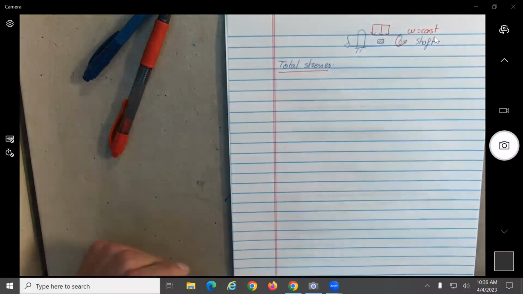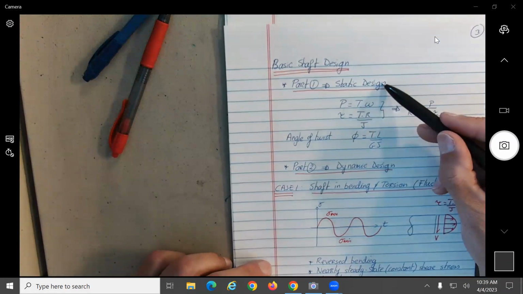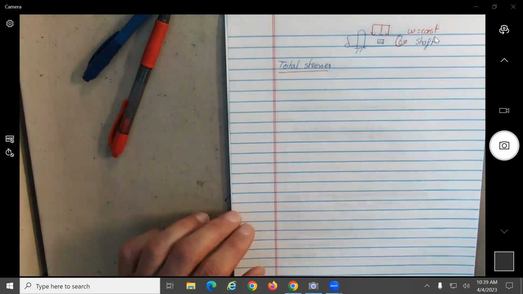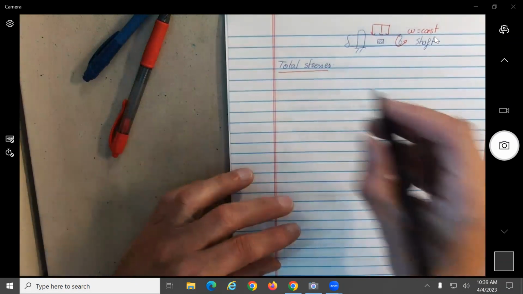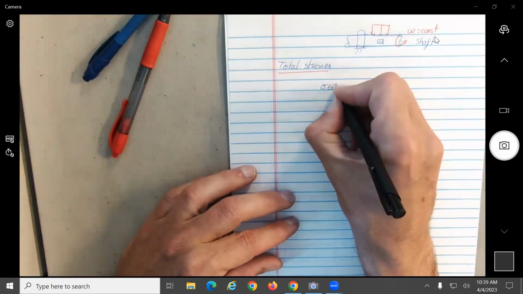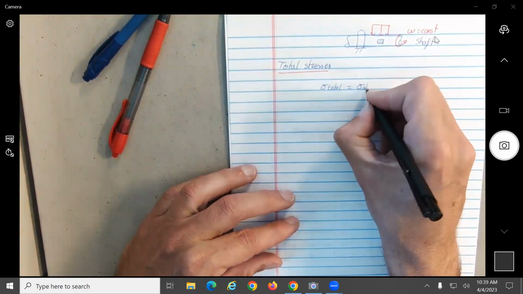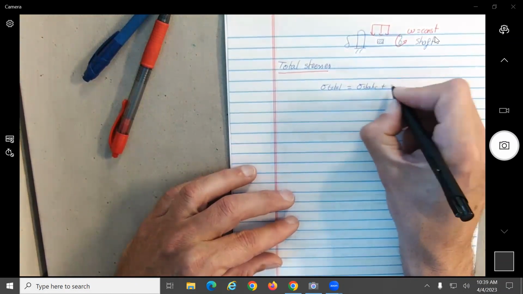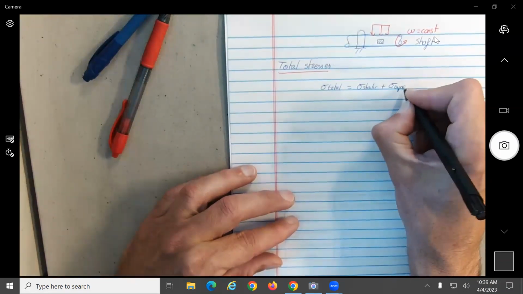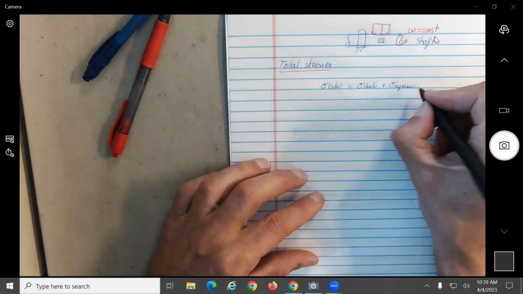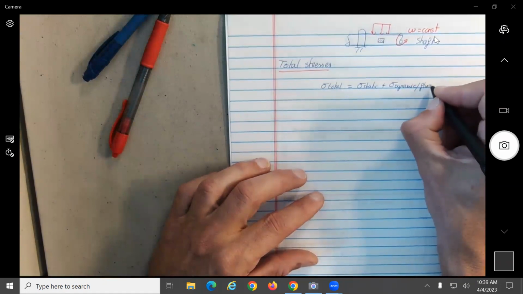So over here, what we said at the beginning of the shaft design is that you have a static part and a dynamic part of the design. Following the same logic, we can say that the total bending stress will be a static component plus a dynamic component, which sometimes is called a dynamic fluctuating component.